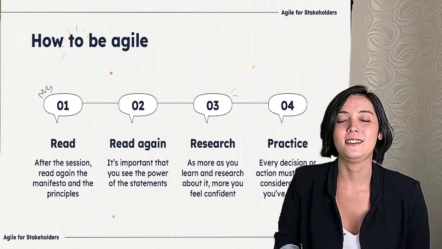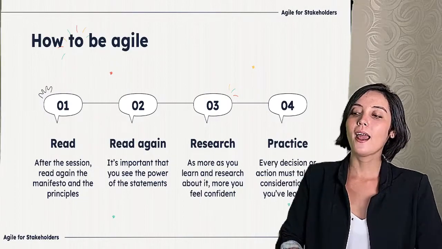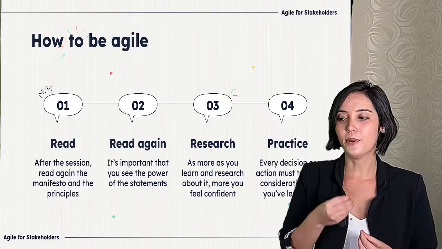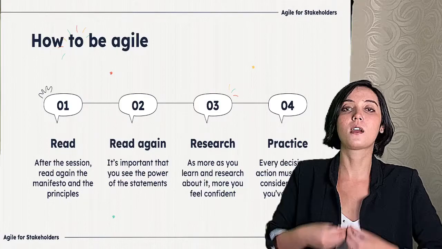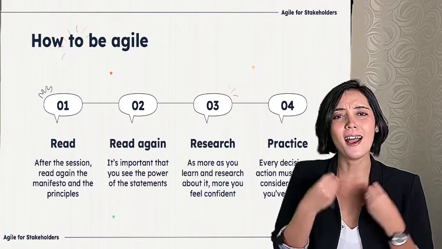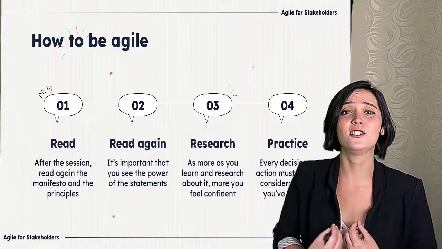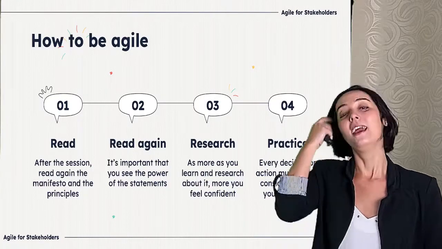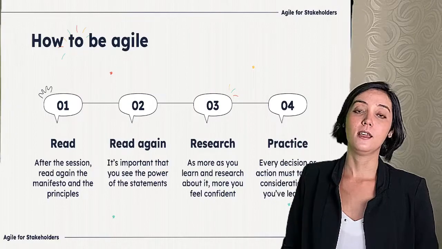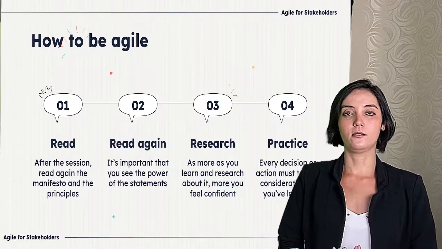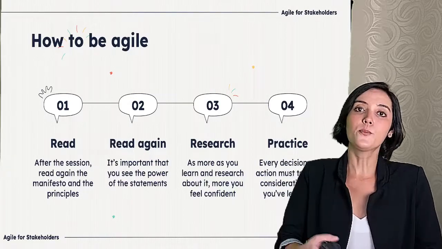Third, research. The more you learn and research about it, the more confident you feel that you are acting agile. Okay? And the last one, practice. We are agile now, but we need to practice it more.